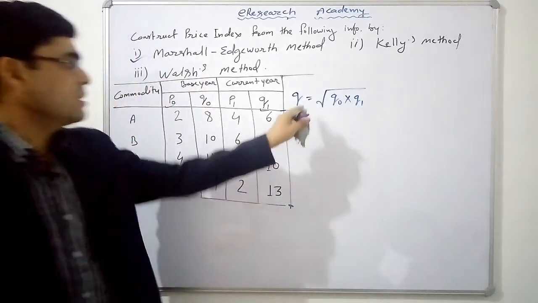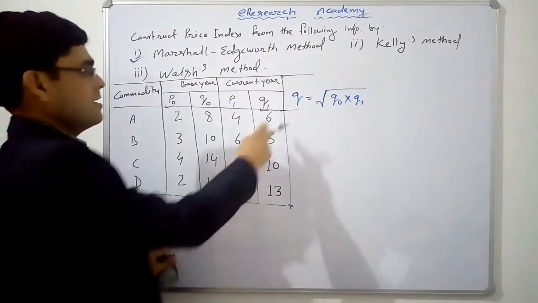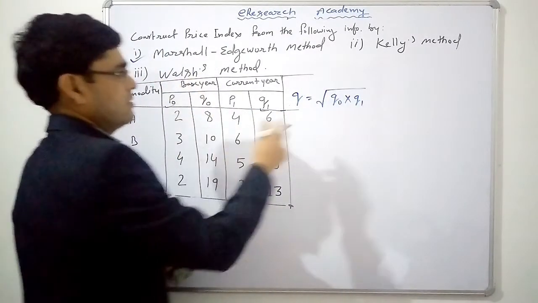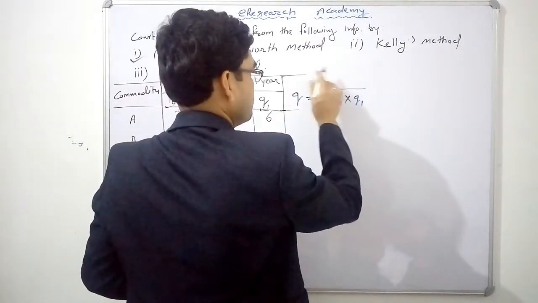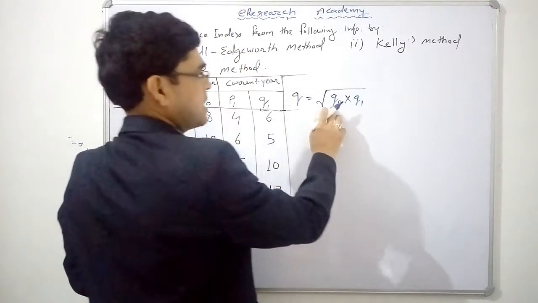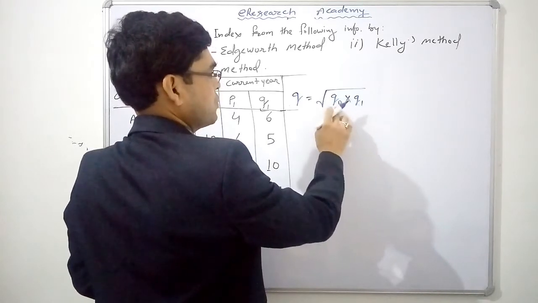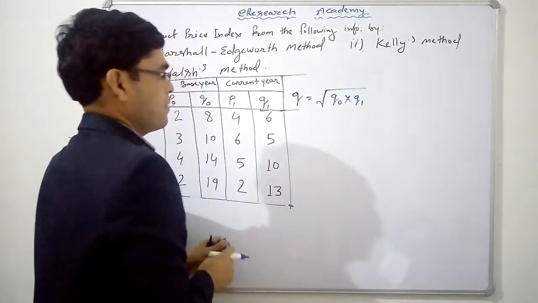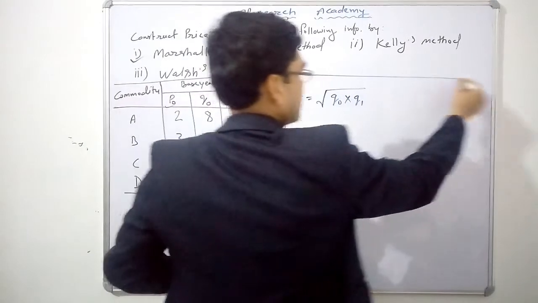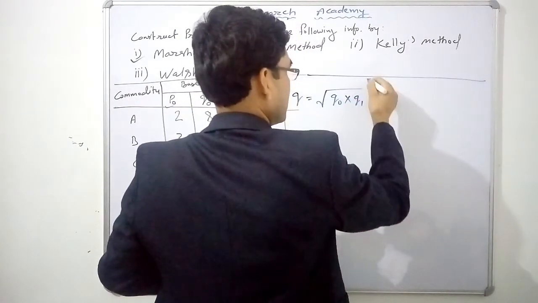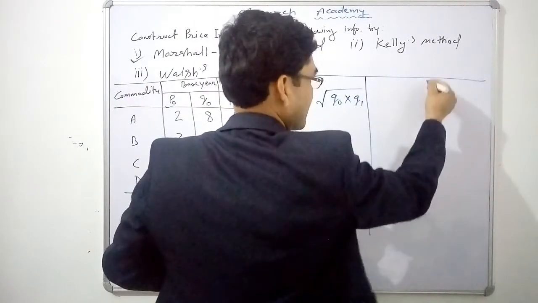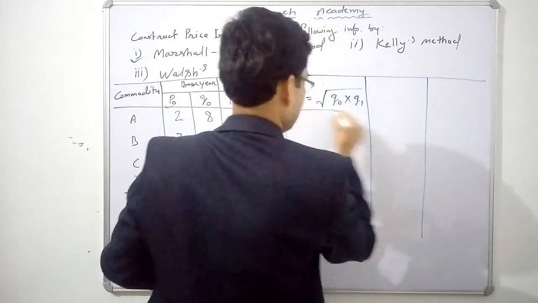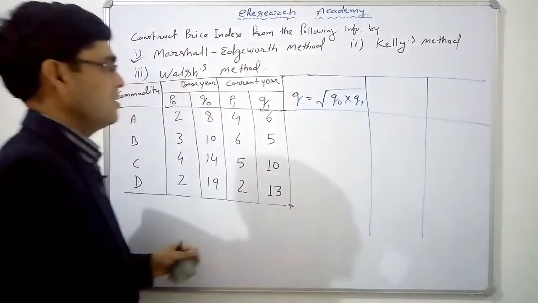Okay, so this is the Q here under the Walsh's method. So for this we first need the multiplication of q0 and q1, and then we will find out the square root of this.